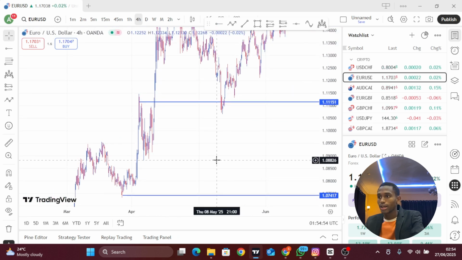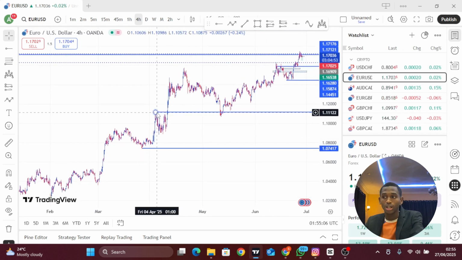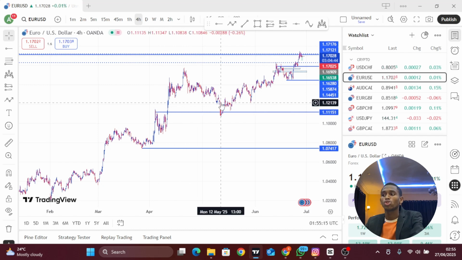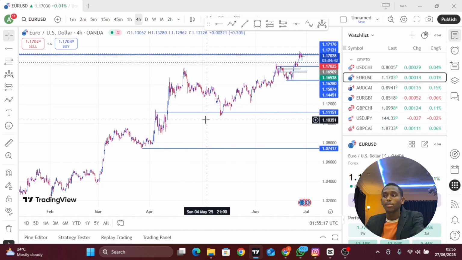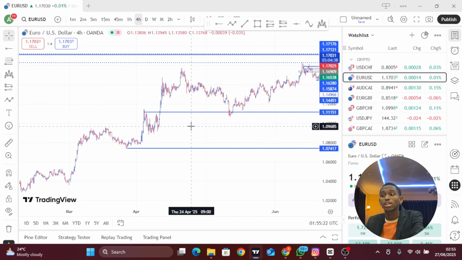Now you see that the markets came back to respect this high zone. This high zone was respected and retraced, and the markets tried and made all their way back down to this zone. So this is what you would most likely call a key level. I mean, if you had a third touch, I could perfectly call this a key level.